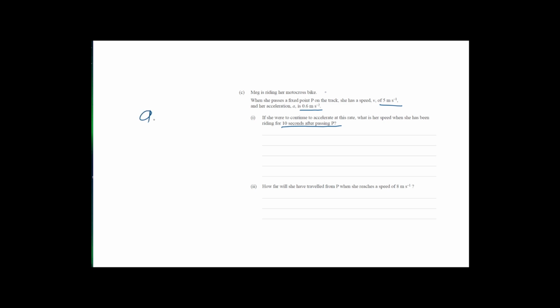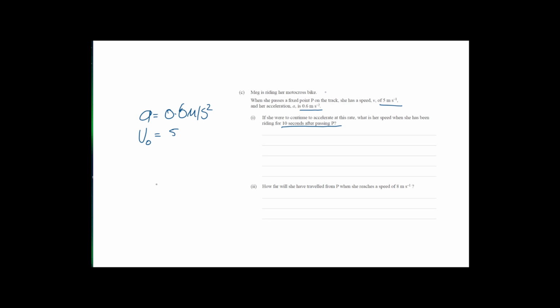Okay, so we've got her acceleration is 0.6 meters per second squared, and we've got her initial velocity at 5.